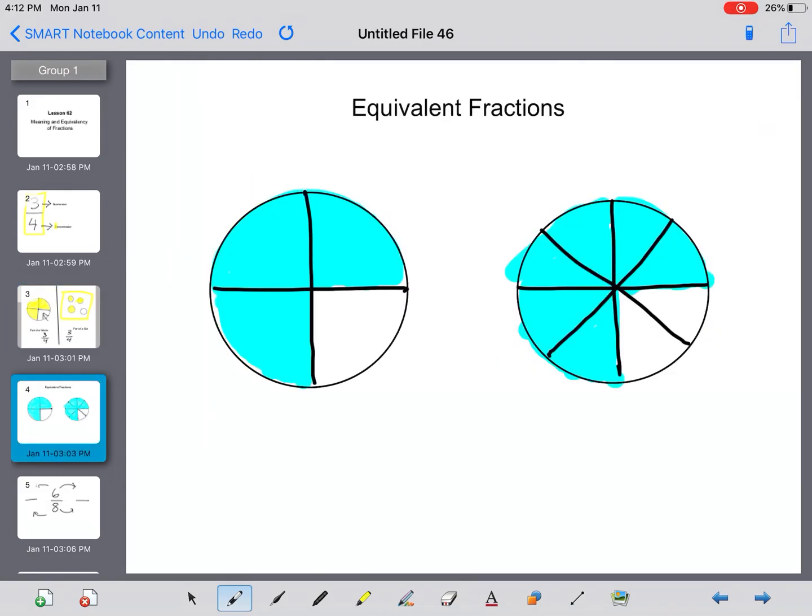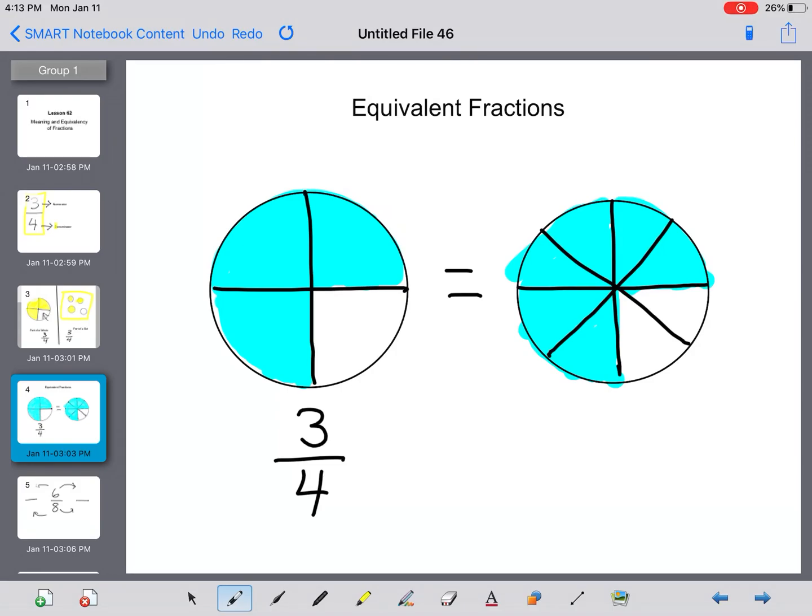Something else that's important to know about fractions is the term equivalent fractions. And in equivalent, you should be thinking of the word equal. Equivalent means equal. Okay, so here I have 2 pizzas, and if you look at them, the shaded blue part, we have the same amount of pizza. But for the first pizza, it's been split into 4 pieces, and we have 3 out of those 4 pieces.